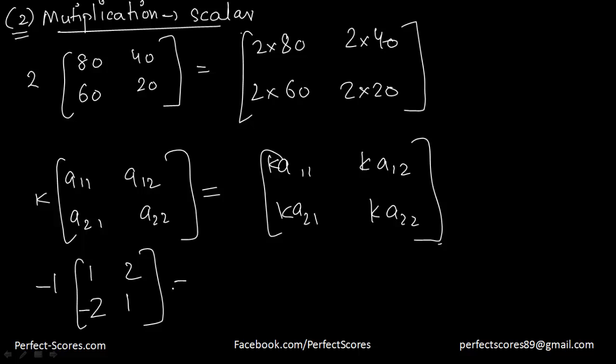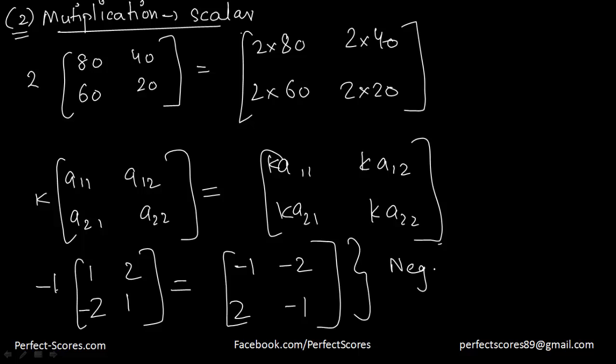If I multiply this matrix by a negative number, all the numbers are going to get multiplied by -1, and this is what I'm going to have, right? So this is also known as the negative of a matrix, right? I suppose you're understanding this point.